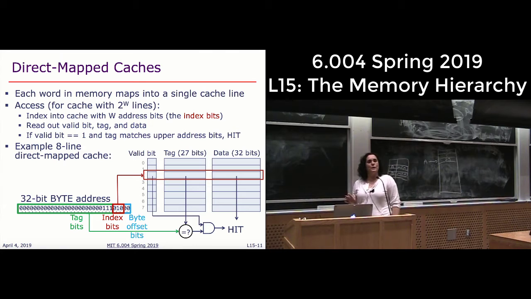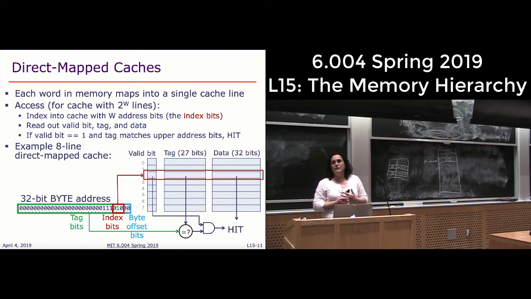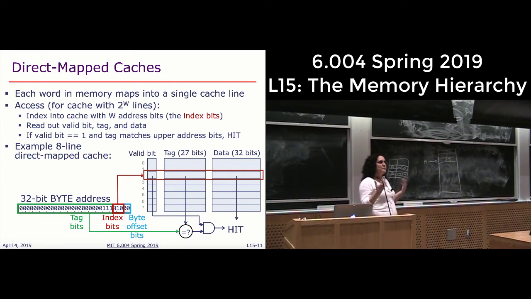So we introduced one new concept, which is this valid bit. Until now, we talked about having a tag and the data that we're trying to store. It turns out that we also need a valid bit for each line of our cache, because when we first bring up our computer, everything that's in the cache is garbage.